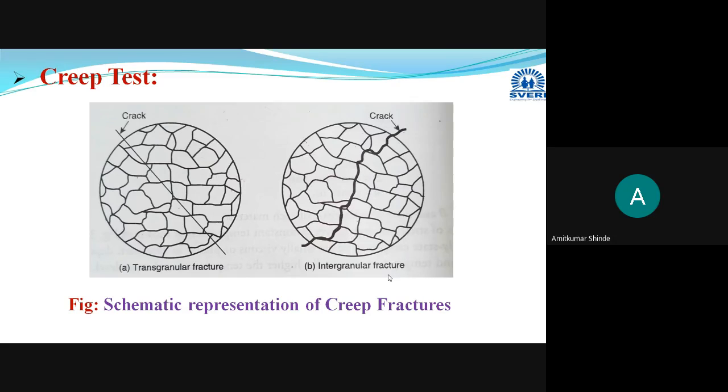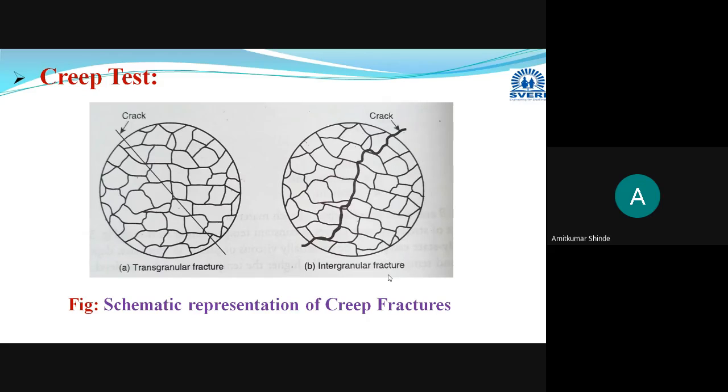So in this way we have understood the meaning of creep, why we perform the creep test, the meaning of creep limit and creep strength.